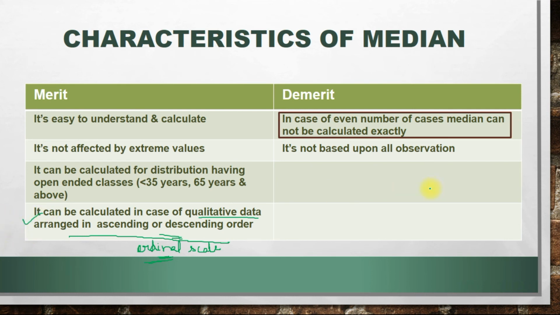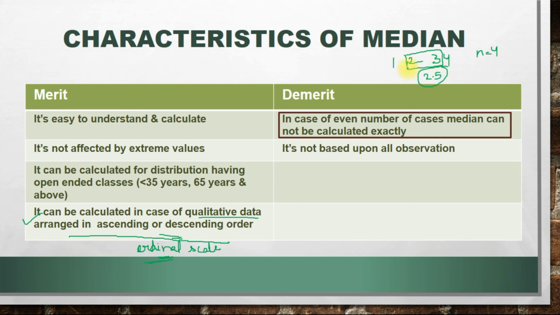Now coming to the demerits. The first demerit is that in case of even number of cases, median cannot be calculated exactly. Yes, if you remember the very simple example of 1, 2, 3 and 4, here we have an even number of cases, the number of cases is 4. So two middle terms are there, 2 and 3, and we have to take the average of 2 and 3, that is 2.5.